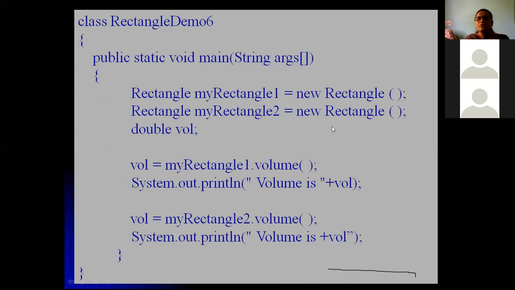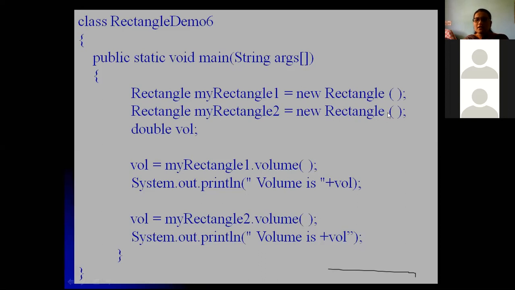In those two object spaces we have three variables separately, and those three variables get assigned 10, 10, 10 every time. So rectangle1 has width, height, and depth of 10, 10, 10, and rectangle2 has the same values, because we are calling the constructor here.